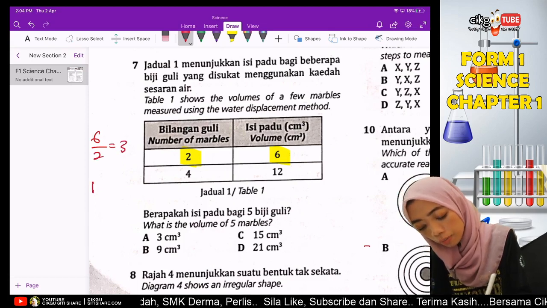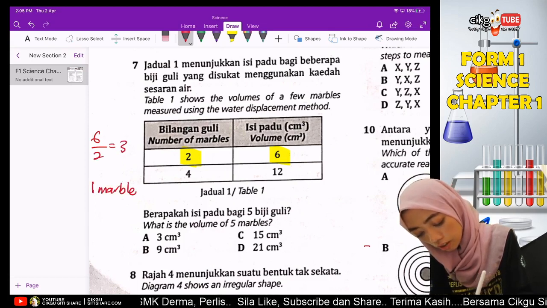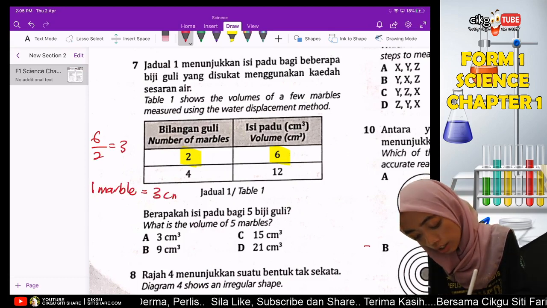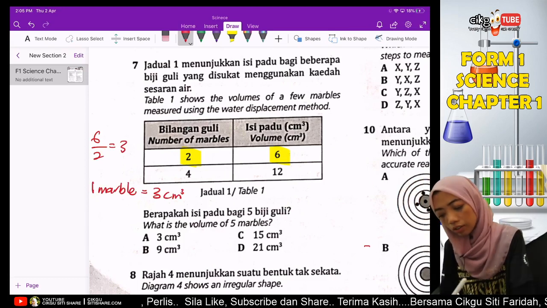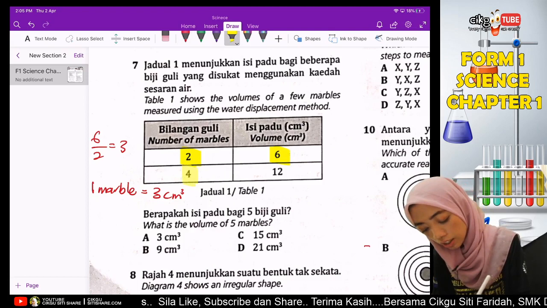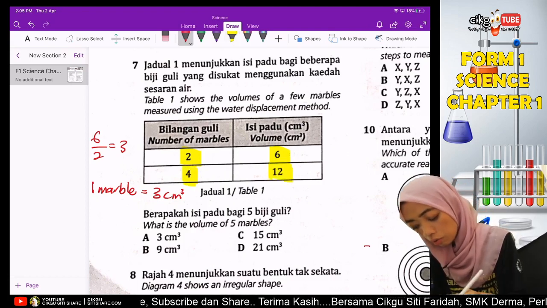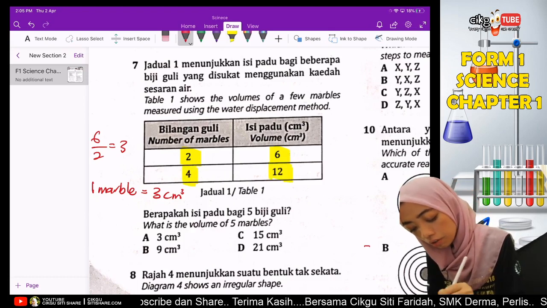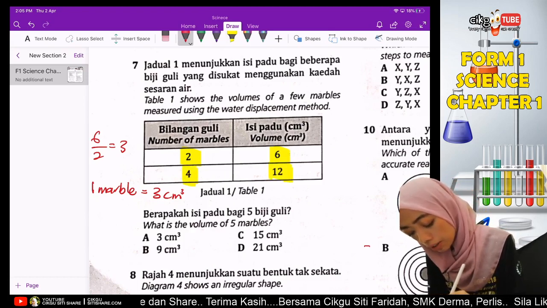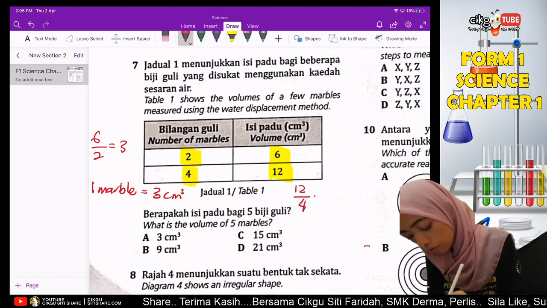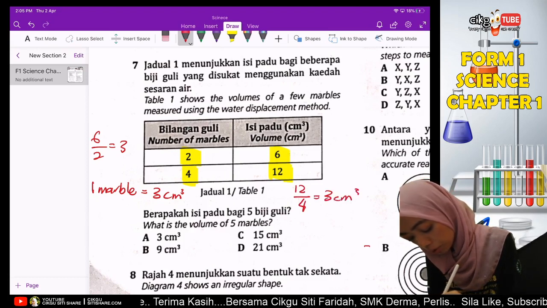So 1 marble is equal to 3 cm3. Now the second data is 4 marbles, volume of 12. So what is the volume of 1 marble? 12 divided by 4 is equal to 3 cm3 also.